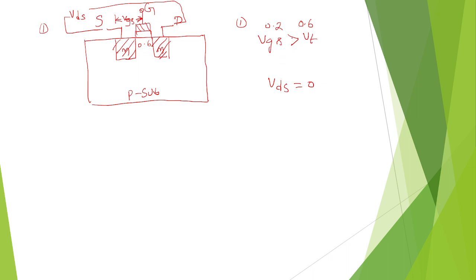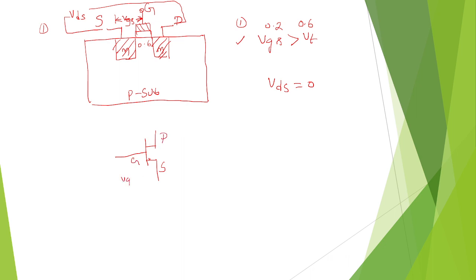So in this case the condition will not be satisfied. VGS is less than or equal to the threshold voltage, which means the transistor will not go to active because it is still in the cutoff region only. This is the symbol you can see: source, gate, drain.